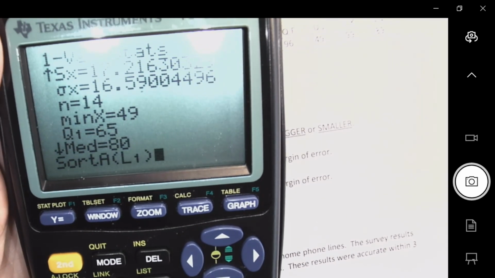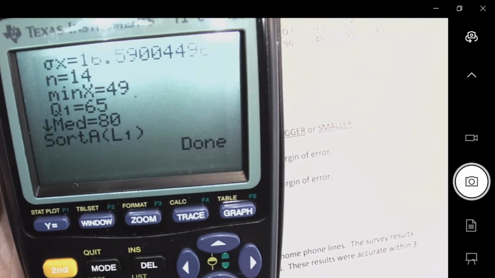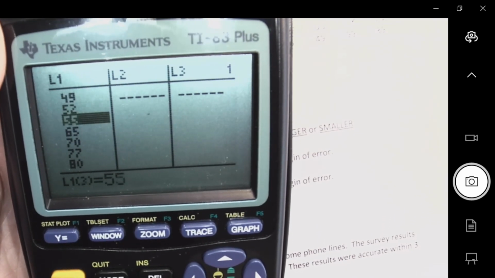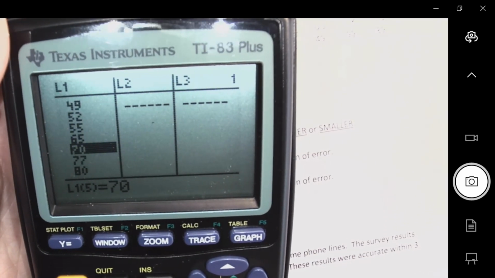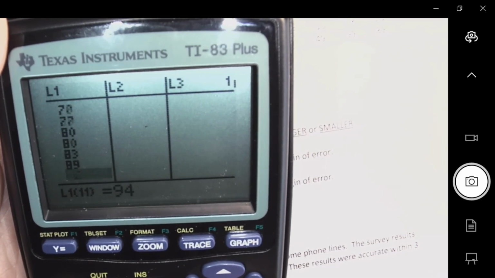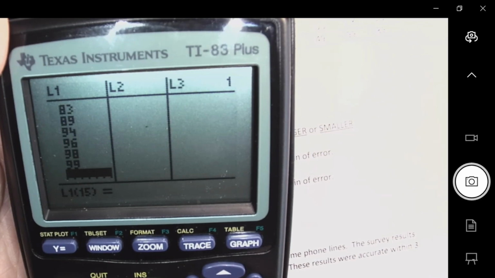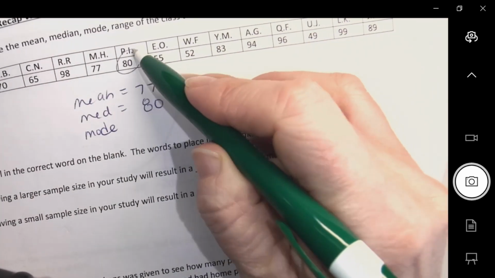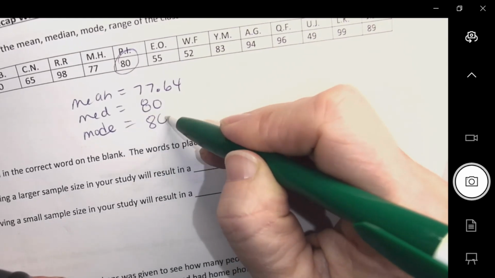I would sort in ascending L1, and it says done, and if I went back to the stat edit, it would have them, and then it makes it easier for me to see if there's multiples. I saw 80 twice. So the mode is 80.